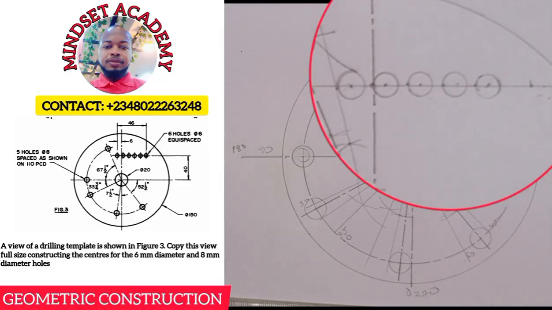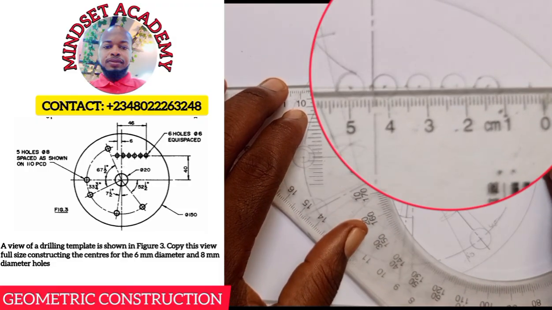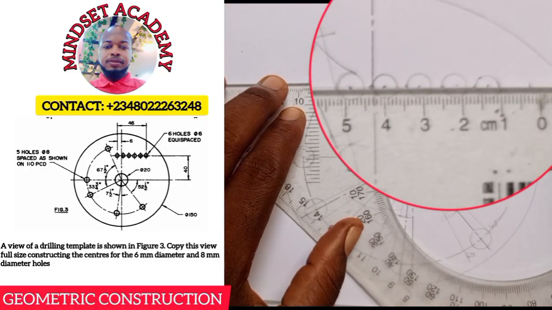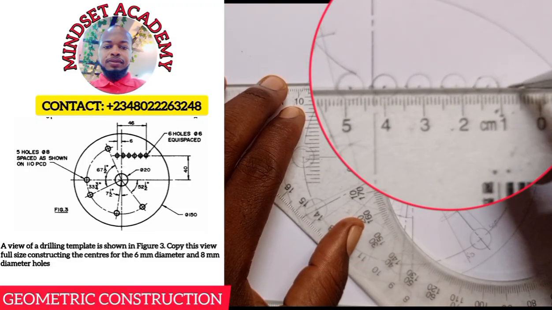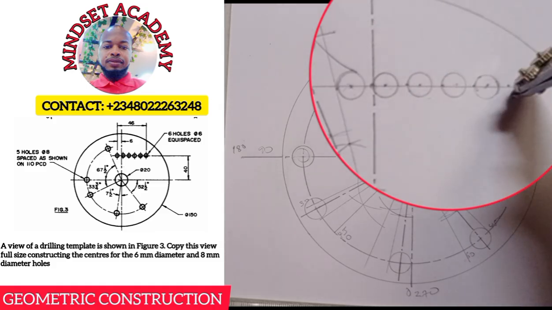Then the last but not the least, I'll come again, measure 1 again. This is 2, and I'll come here and do the same thing. Set here, mark. So from this point, I'm going to have this.